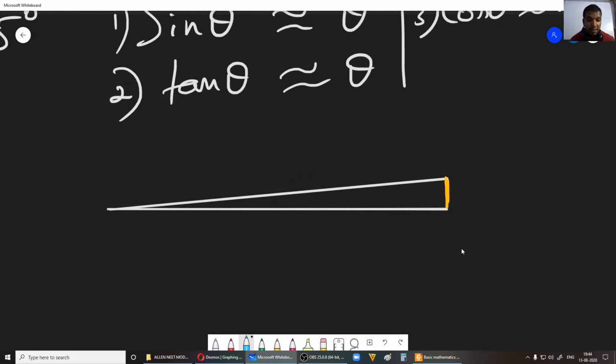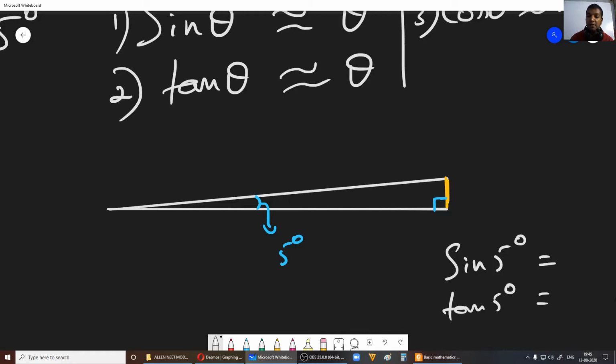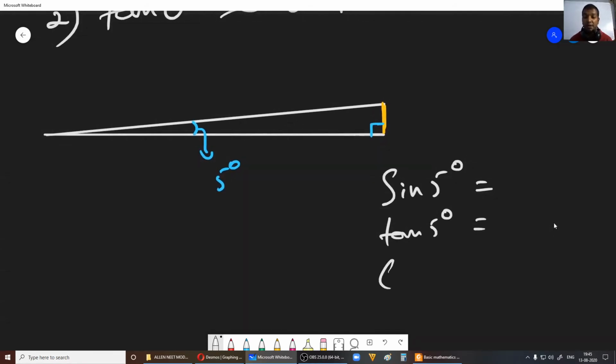The angle here is actually 5 degrees. Now if you consider this as a right angle triangle, just try to get sine 5 degrees, tan 5 degrees and cos 5 degrees, fine.